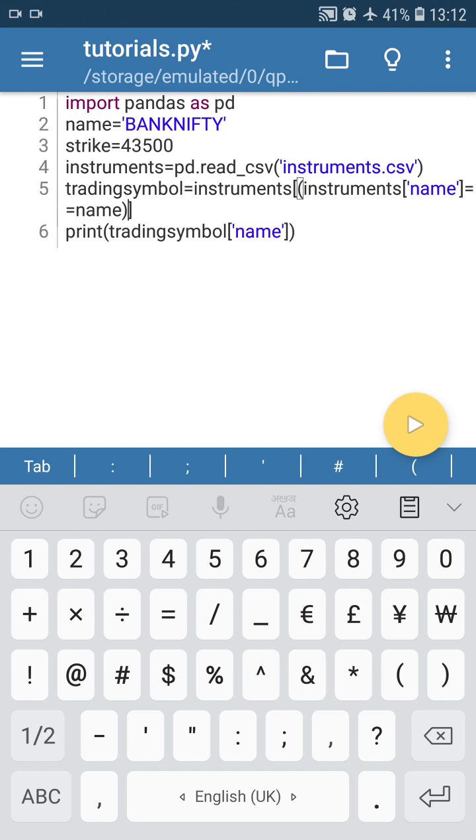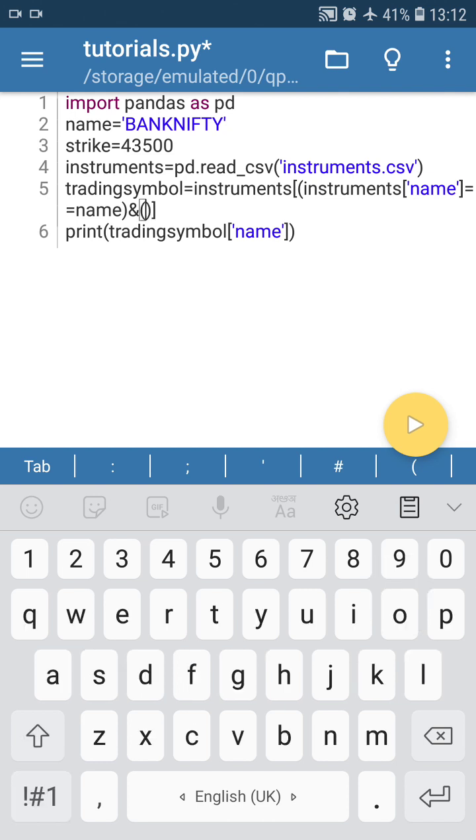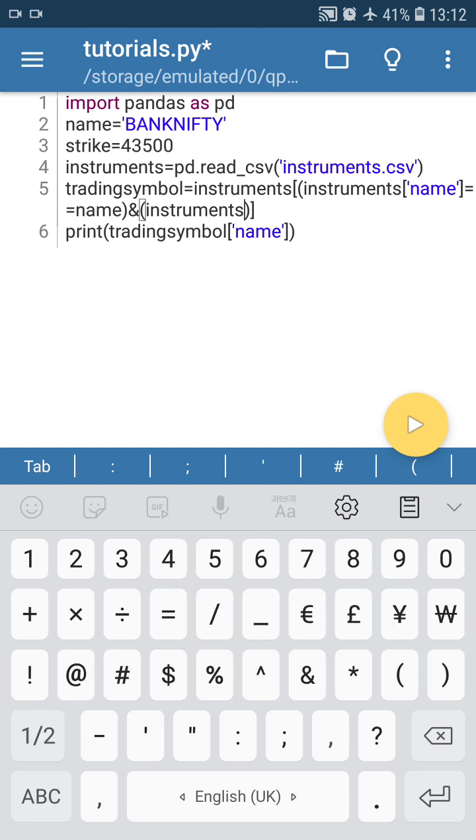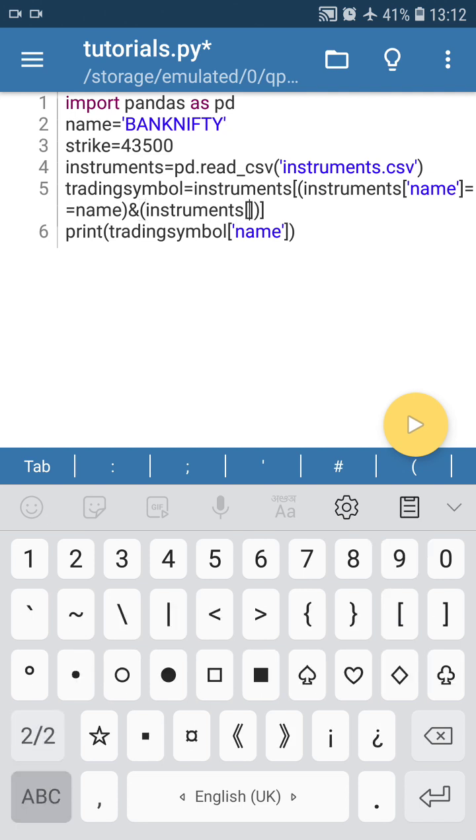So we'll definitely see this for the strike, and suppose I have to name it the same, instruments of strike.